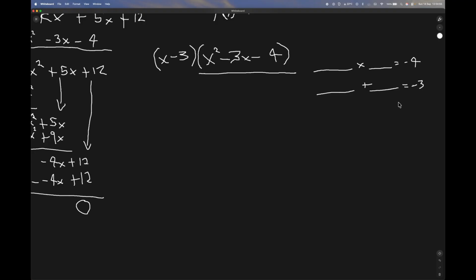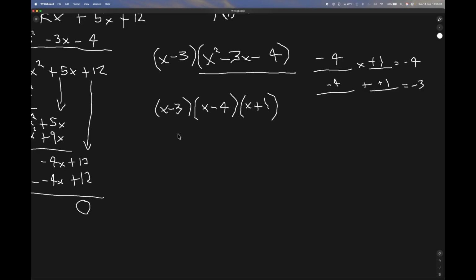So, if we do minus 4 and plus 1, because minus 4 times 1 is minus 4, and minus 4 plus 1 is minus 3. So, we get x minus 3, x minus 4, x plus 1.